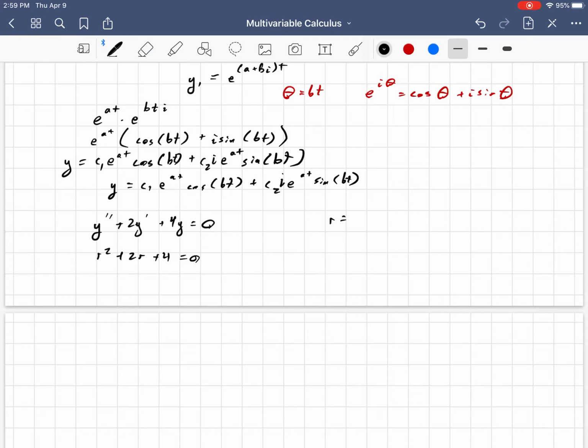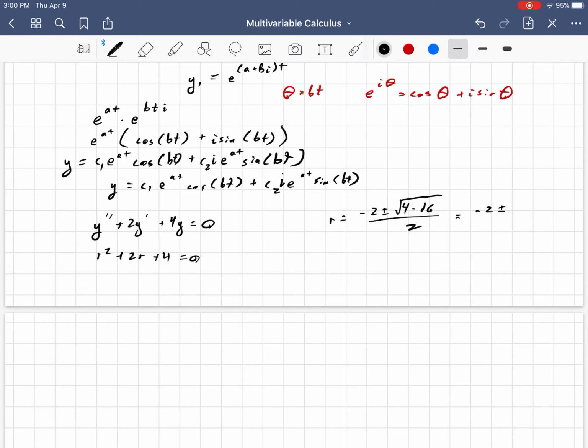The characteristic equation is r squared plus 2r plus 4 equals 0. So r is equal to negative 2 plus or minus the square root of 4 minus 16, the b squared minus the 4ac, all over 2.